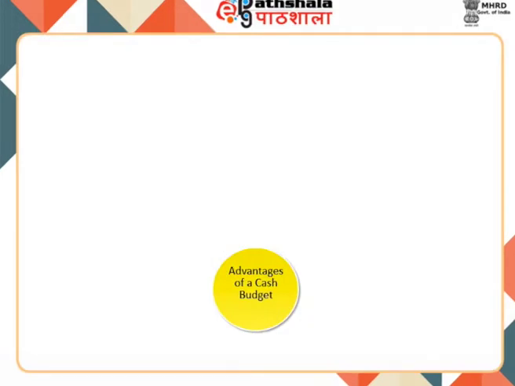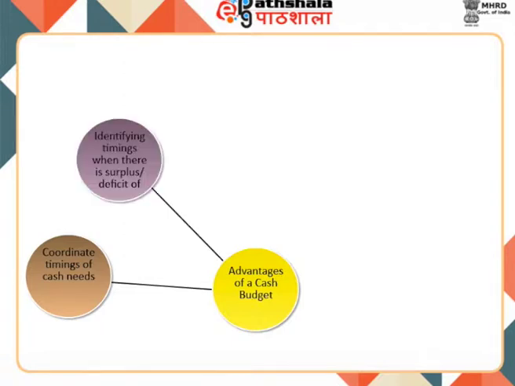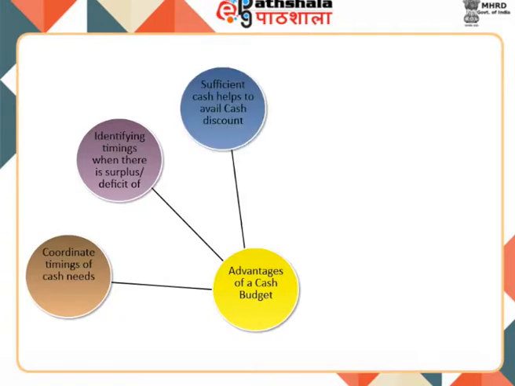The cash budget is useful for the following reasons. First, it helps in coordinating the timings of the cash needs. Second, the firm can identify the timing when there is surplus or deficit in cash balance and plan accordingly to invest or borrow. Third, if the cash budget shows sufficient cash, the firm can take advantage of cash discounts and thus reduce its cost.